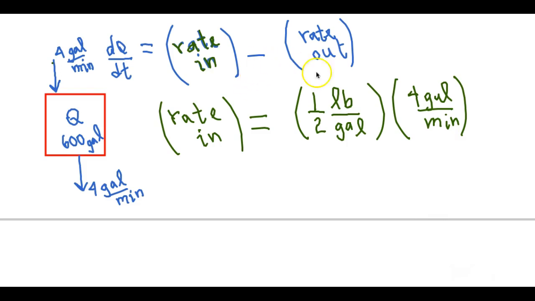Okay, so putting together those two pieces of information, we're going to end up with units of pounds of salt per minute. We also are going to simplify this expression, and we're going to end up with 2 pounds of salt per minute. That is what we're going to have as a rate in.